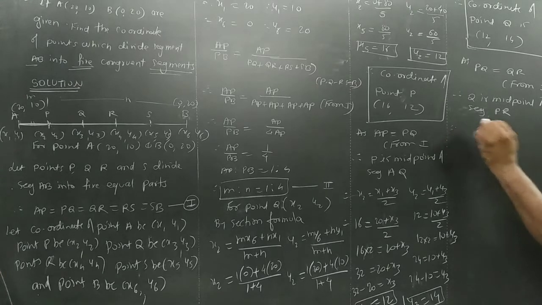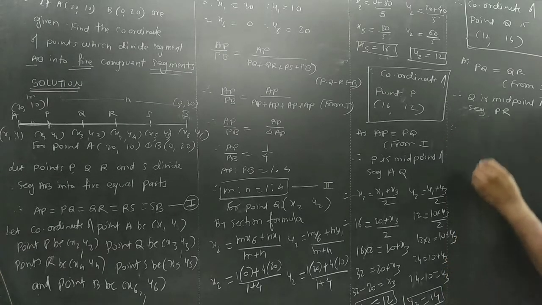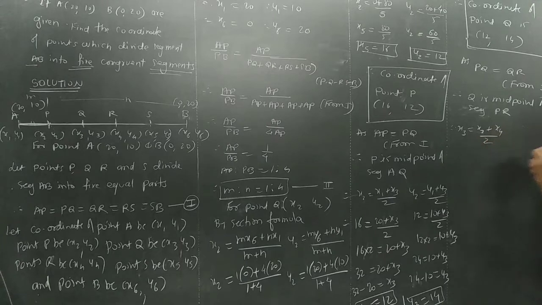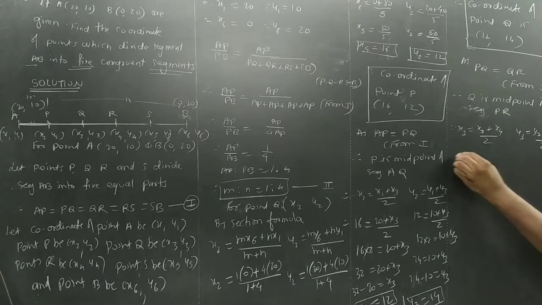Therefore, the coordinate of Q is x3. So what I can write then, x3 is equal to (x2 plus x4) upon 2, and here y3 is equal to (y2 plus y4) upon 2.